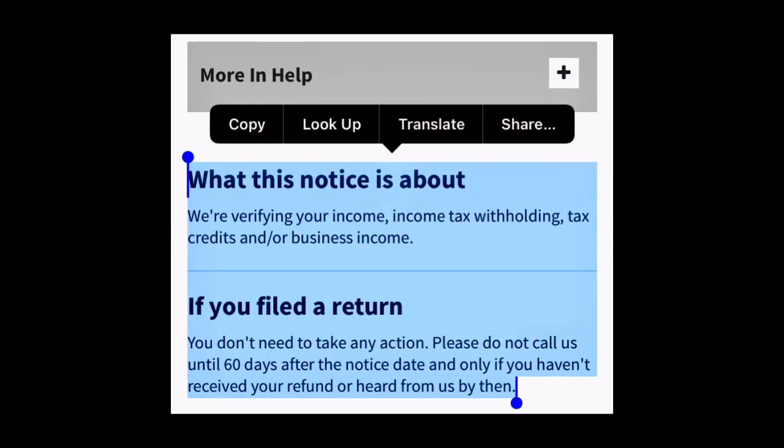You do not need to take any action until 60 days. After 60 days, if you don't hear anything from the IRS, then you can start to contact them. And remember, you can always contact the Taxpayer Advocate Service as well at 1-877-777-4778, as well as for financial hardship.